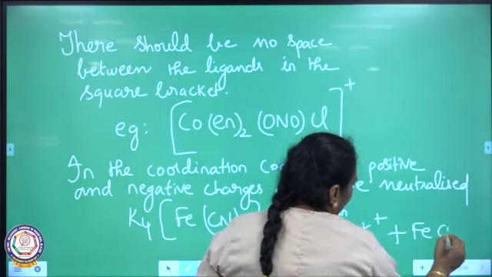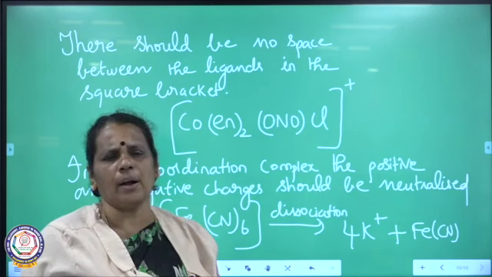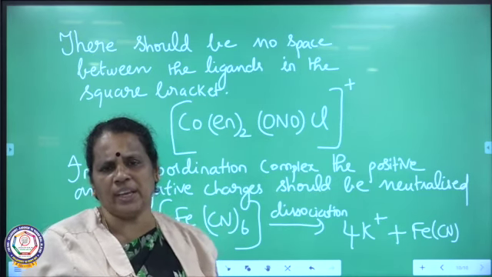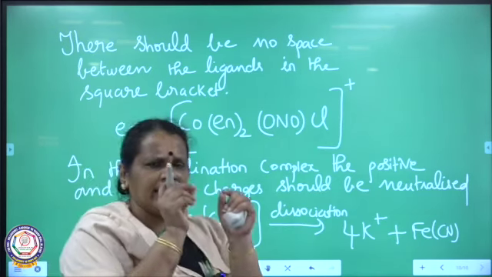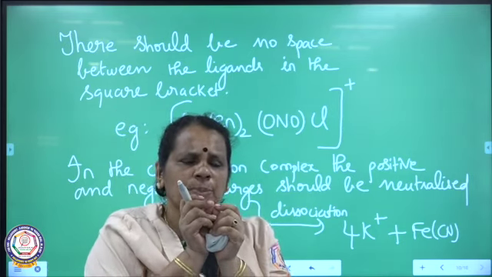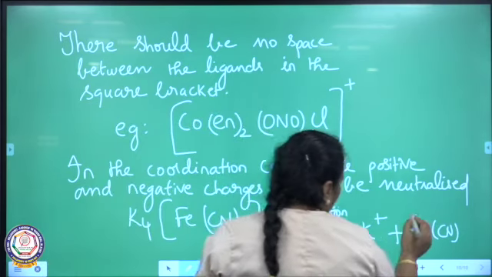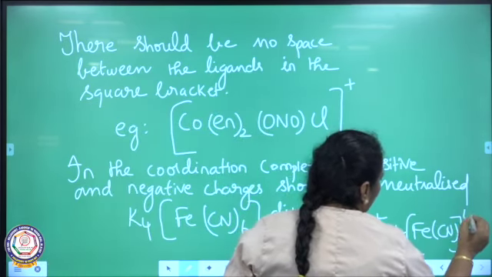[Fe(CN)6]. Already I told you, this species inside the square bracket cannot be ionized individually. The central metal ion and the ligand will always be together, so we cannot split it into individual ions. So the negative charge here is [Fe(CN)6] 4-.